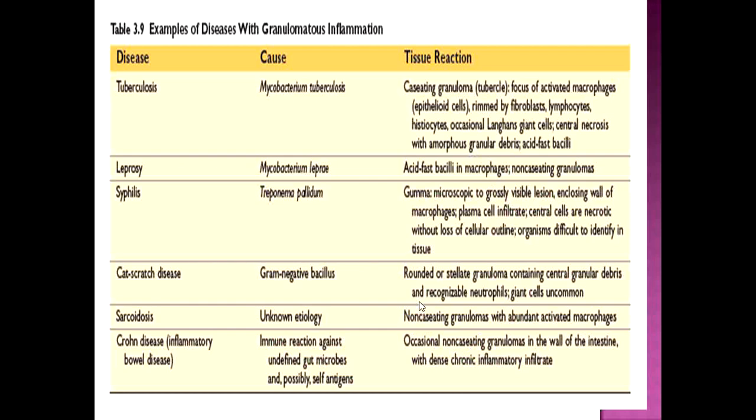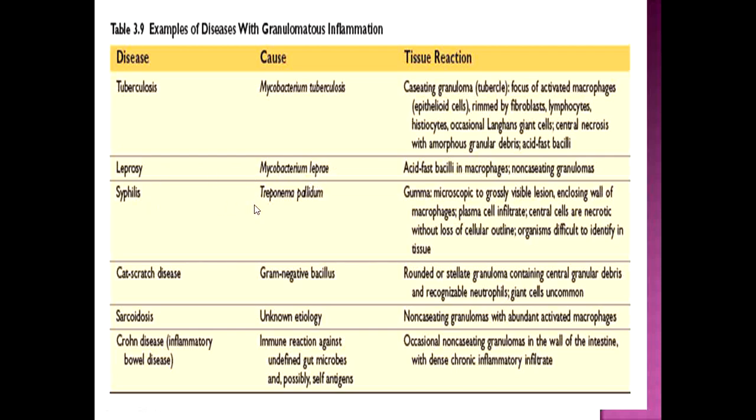Here is the etiological classification of granulomatous inflammation. In tuberculosis, caseated granulomas are present, and tuberculosis is caused by Mycobacterium tuberculosis. In leprosy, non-caseating granulomas are present, and leprosy is caused by Mycobacterium leprae.